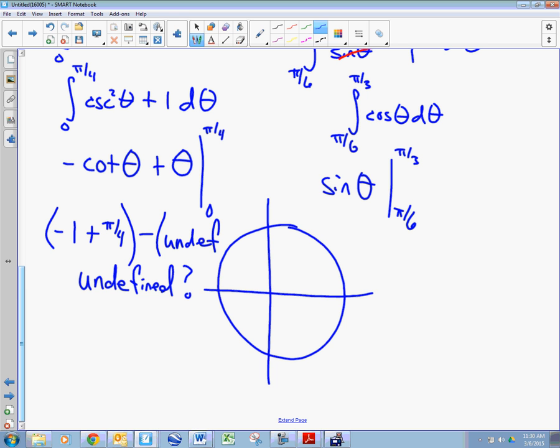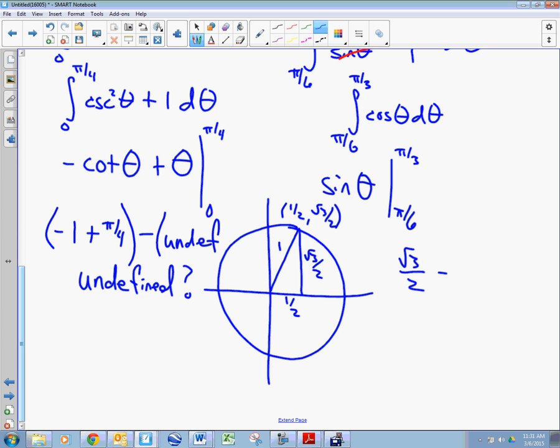This is a 60-degree angle, right? So sine of a 60-degree angle, sine is going to be the y value, correct? I mean, you remember making those shapes, right? So our coordinate is 1/2, root of 3 over 2. So sine is y over r, in this case just the y value, so you got square root of 3 over 2.